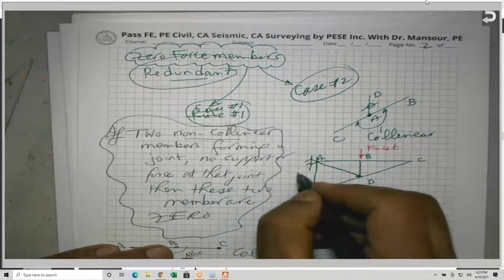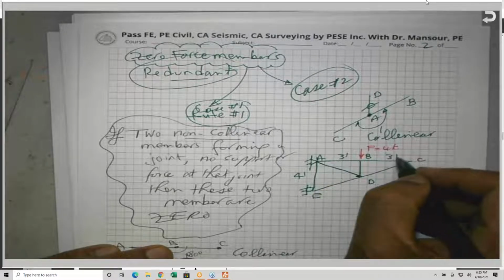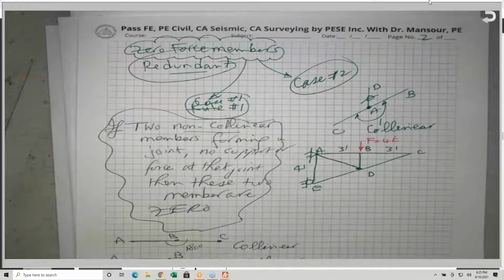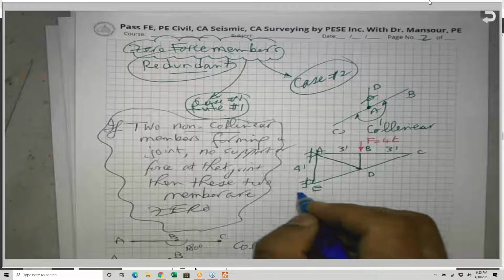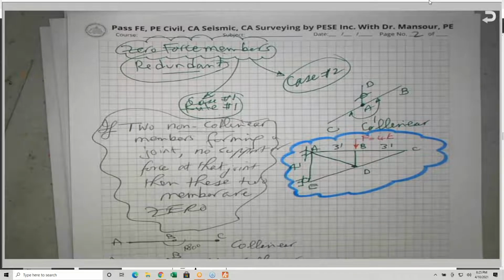This distance is 4 feet, and this is 3 feet, and this is 3 feet. This is the truss. I need you to think with me, and I'll give you 2 minutes.